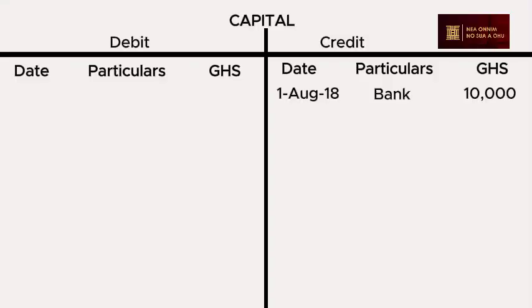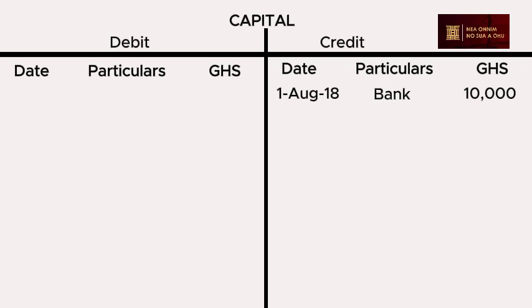Good. So now, let's start with the capital account. The capital account has 0 on the debit side, but 10,000 on the credit side.